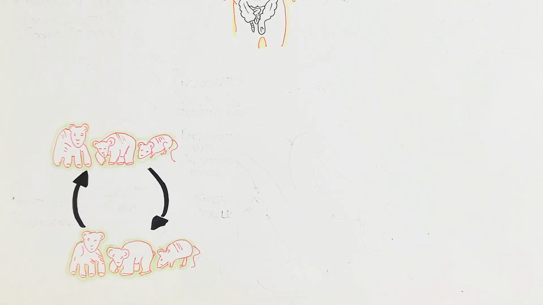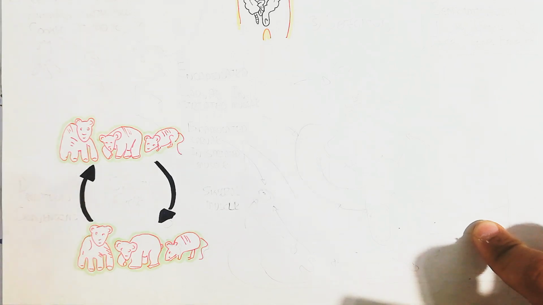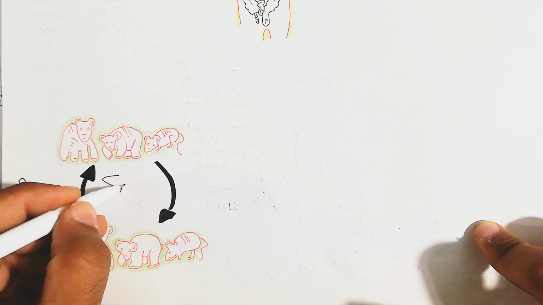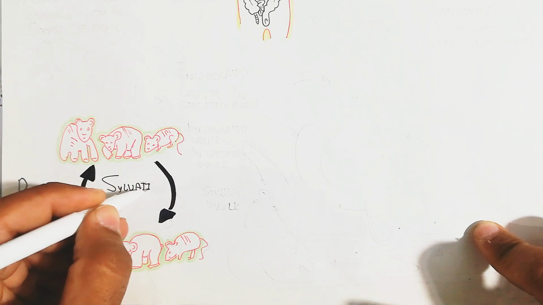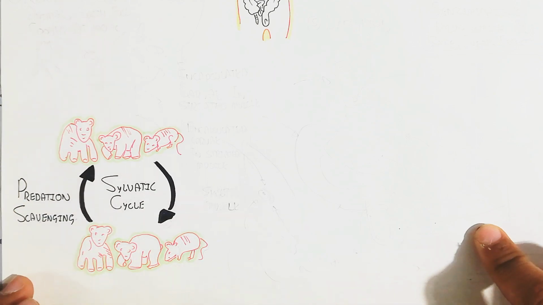In this way, a lot of different animals are involved to complete this cycle, like predation and scavenging. Some animals are scavengers, which basically eat dead organic materials like dead animals.